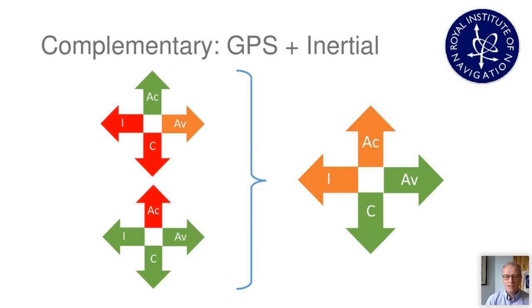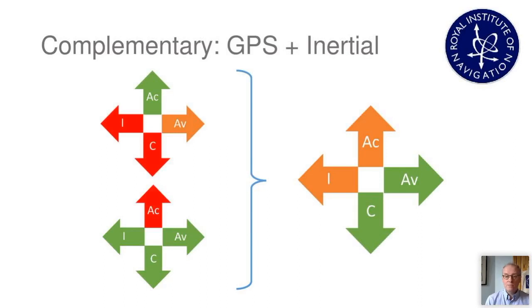Well, in this example on this chart, in the bottom left is an indicative performance of an inertial system. So typically, inertial systems have good accuracy, but for a shortish period of time. Their errors accumulate over time. So that's why I've shown accuracy of the inertial system in the bottom left here as being relatively poor.